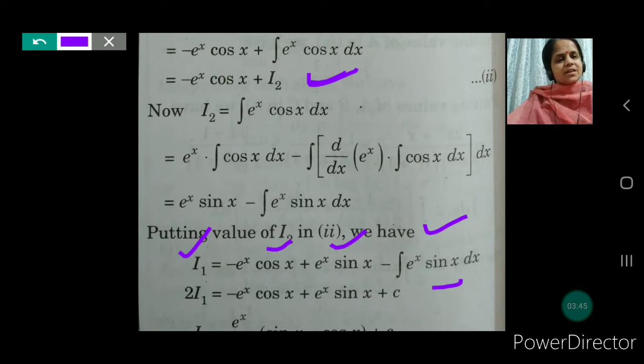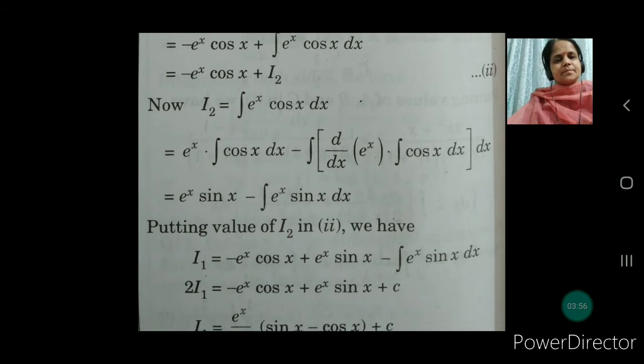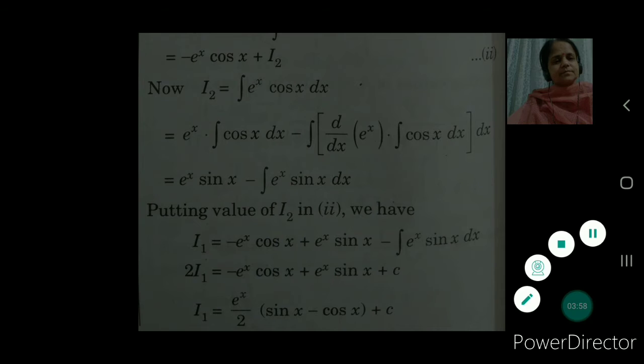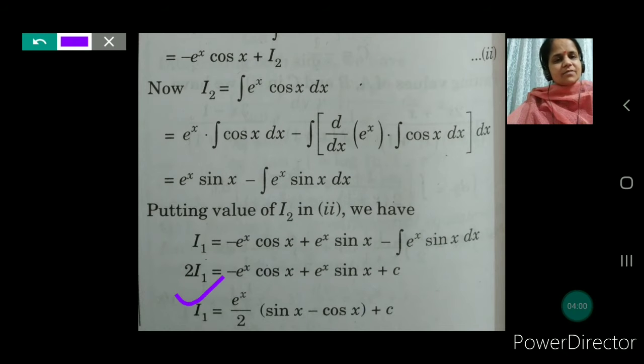So you can write I1 and transfer it, and you will get 2I1 = minus e^x cos x plus e^x sin x plus c. So here I1 = e^x/2 (sin x minus cos x) plus c.